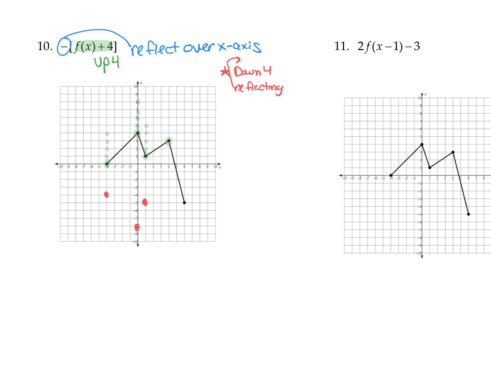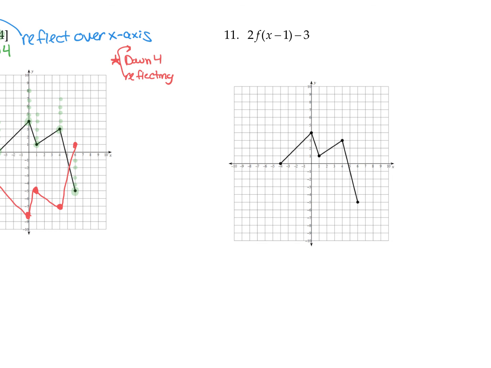This point, 2, 3, 4, up 4, and then reflect it, so I'll end up down here at -7. And then this point, up 4, and then reflect it, so it'll end up right here. So the shape will look something like this.